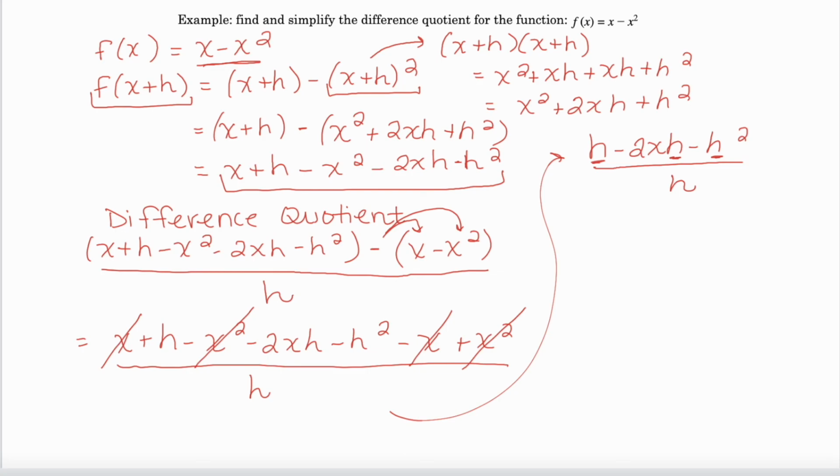I'll factor that h out, which leaves me with 1 minus 2x minus h over h. So I now can eliminate the common factor in the numerator and denominator, leaving me with the difference quotient of 1 minus 2x minus h.